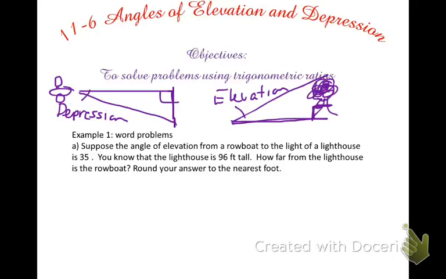Suppose the angle of elevation, so we know it's going to be an angle of elevation of some sort, from a rowboat. So I'm going to draw a boat. There's my boat. To the lighthouse. Okay, so I need a lighthouse over here.